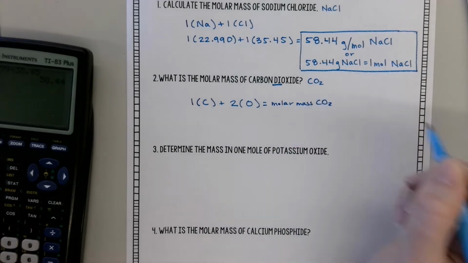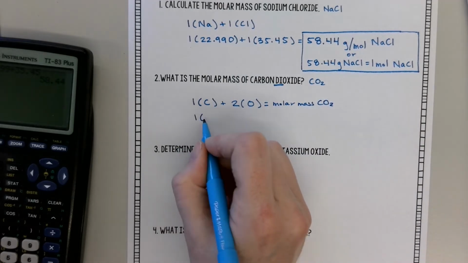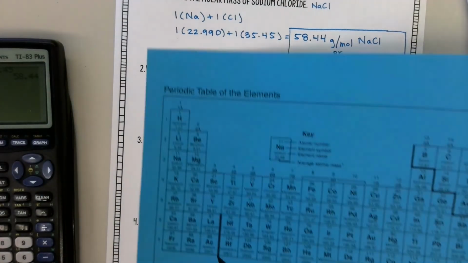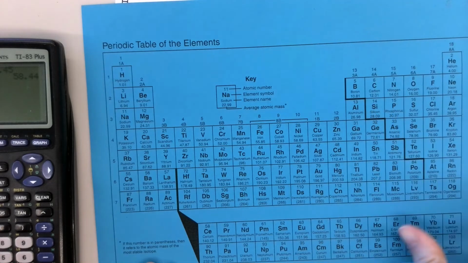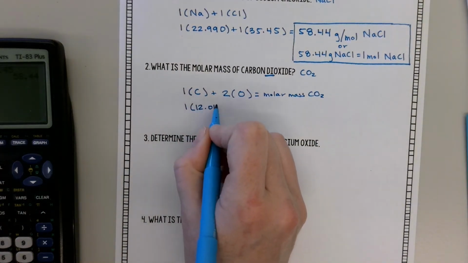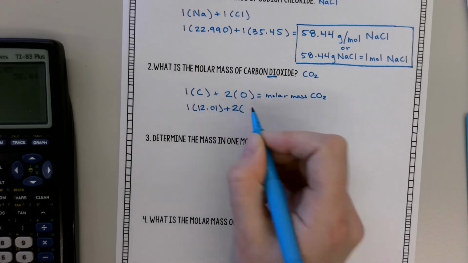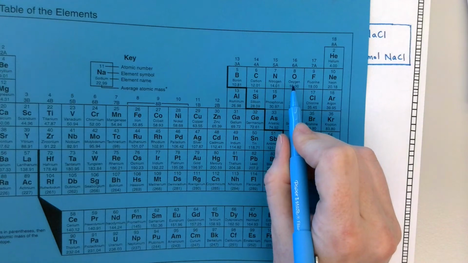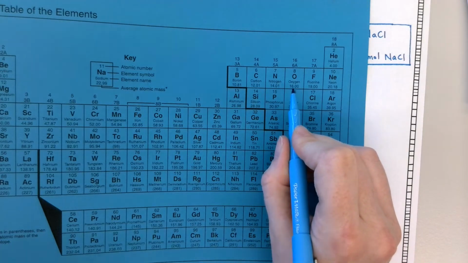Of CO2. All right, so 1 times, if we look up carbon on our periodic table, it's 12.01, plus we have 2 oxygens. The molar mass of each oxygen, we're going to round it here. It's already rounded to just 16.